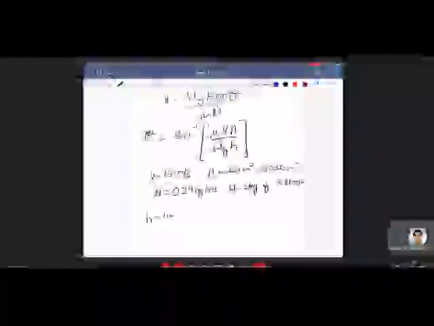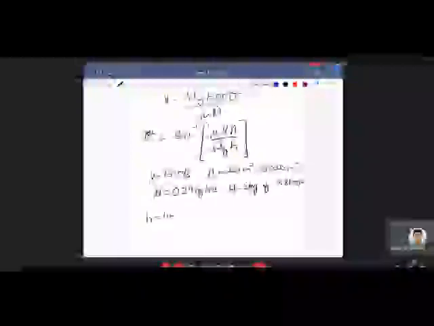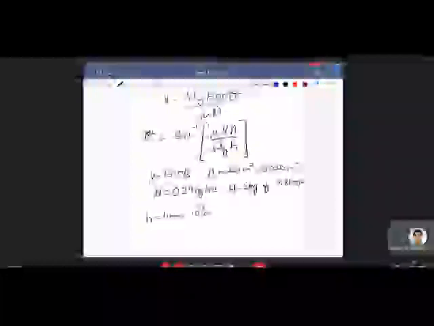Viscosity is given in SI units as 0.29, so we can use 0.29 kilogram per meter second. The mass of the block is 6 kilograms. The gravitational constant is 9.81 meters per second square. And h refers to the film thickness, that's 1 millimeter, which is 10 raised to minus 3 meter.